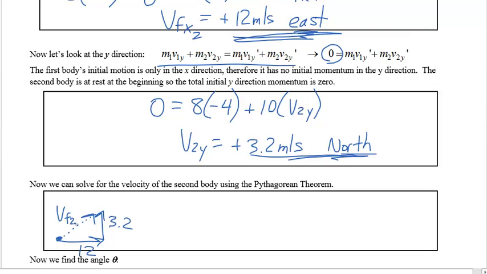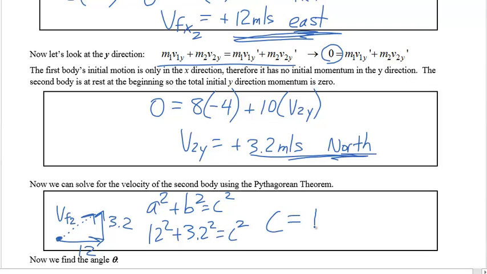So how can we find the magnitude of it? Well, it's a triangle, so a squared plus b squared equals c squared. So 12 squared plus 3.2 squared equals c squared. The magnitude of the velocity is 12.42 meters per second.